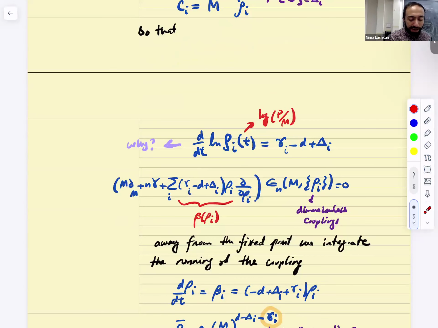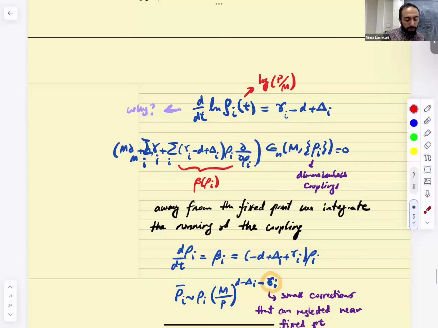Plugging this back in for the connected correlator written as a function of dimensionless couplings, you find the following Callan-Symanzik equation. Sorry, I still have to add the N gamma term. This is just a replacement we've done. These are the beta functions. As we said, if you want to solve this equation, you have to solve the flow of the dimensionless couplings, the beta functions.